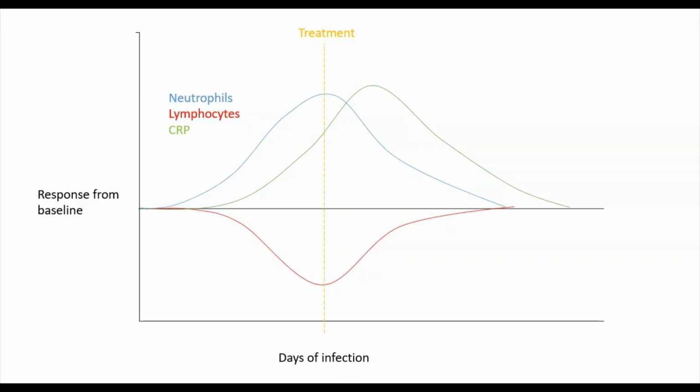At this point, I might talk about what CRP actually is and its function. It was named CRP because it seemed to have specificity and precipitated with the C polysaccharide of Streptococcus pneumoniae.